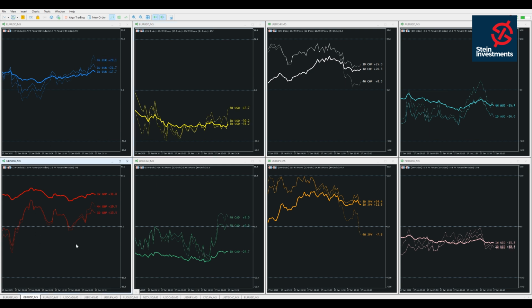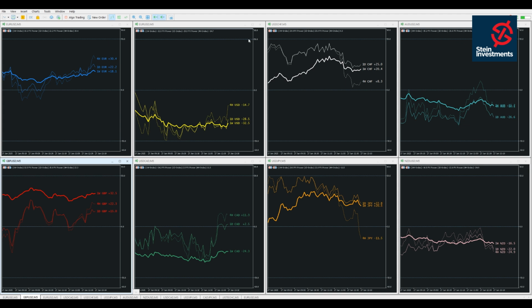And here we'll get an overview of every single currency, in this case sorted by their correlation. So Euro and British Pound are usually moving along, US dollar and the Canadian dollar, Swiss franc and the Japanese yen, and the Aussie dollar and the Kiwi are usually moving side by side.